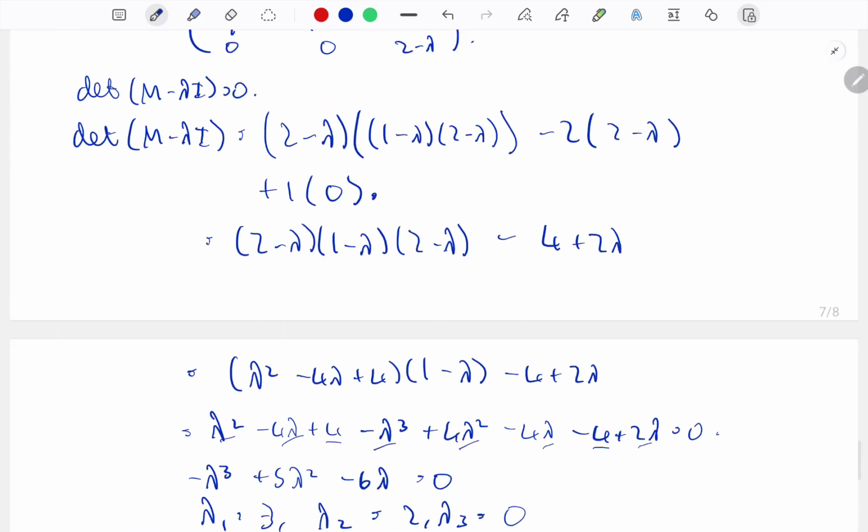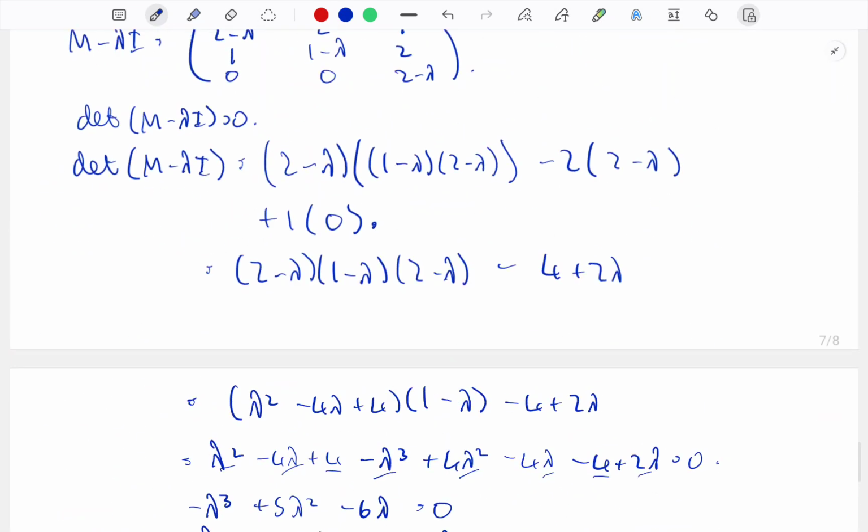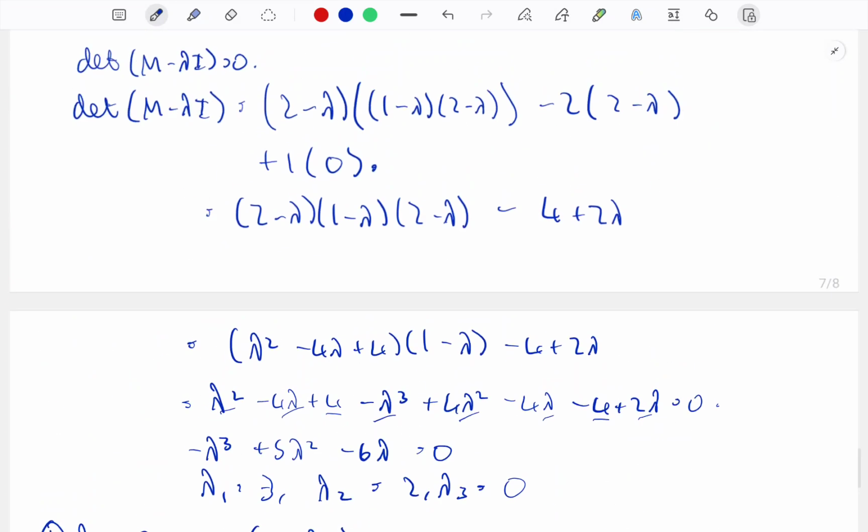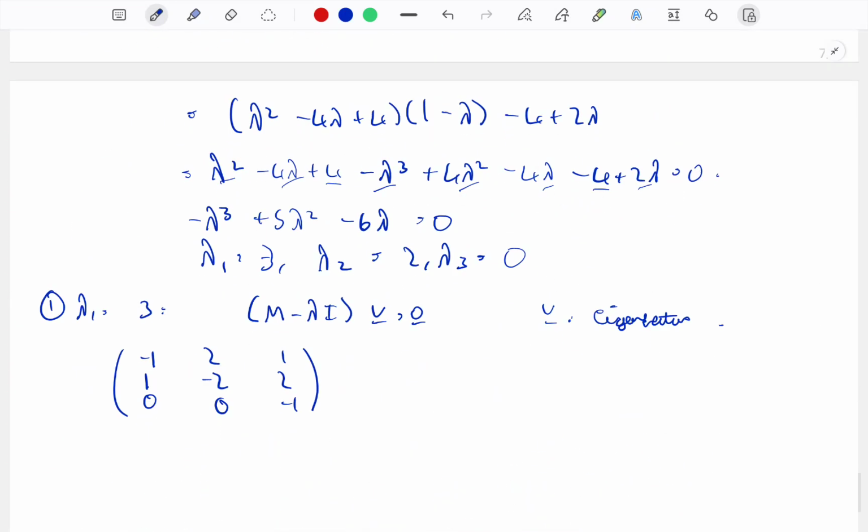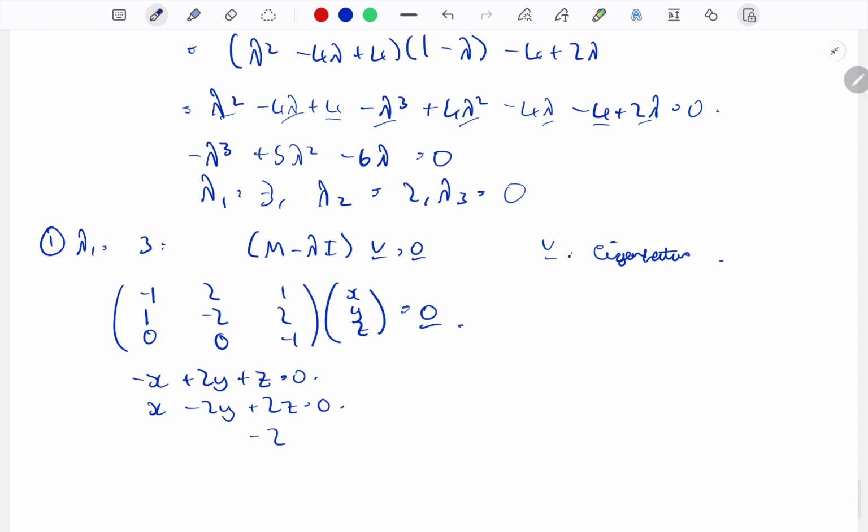Yeah. Multiplying by x, y, z equals 0, we get minus x add 2y add z is equal to 0, x minus 2y add 2z is equal to 0, and we get minus z is equal to 0. So z equals 0.